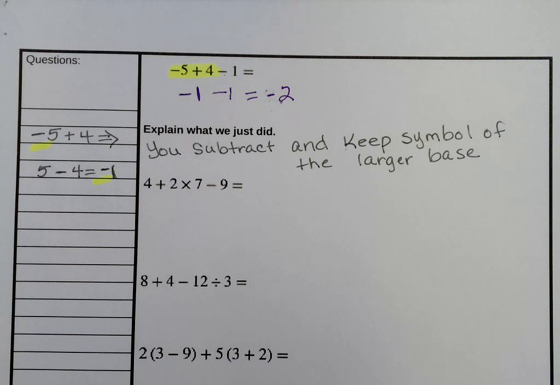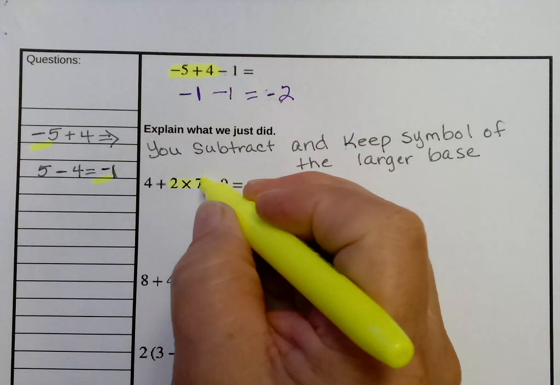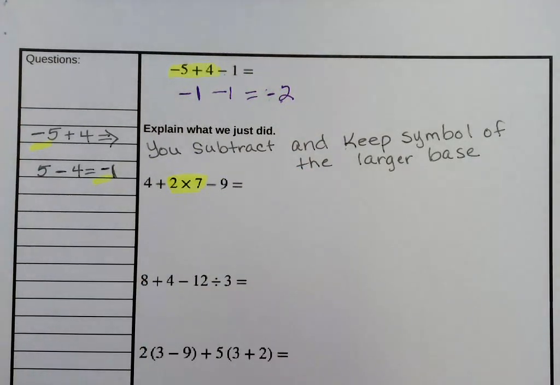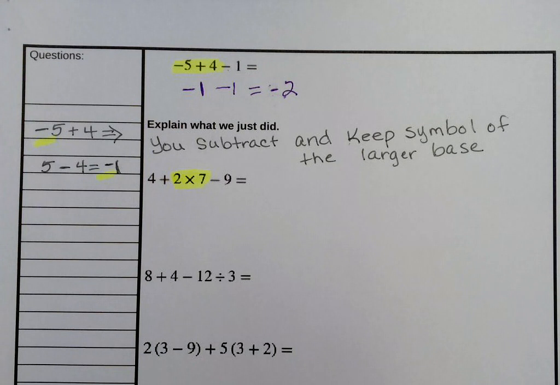Next, we're looking again. We've got 4 plus 2 times 7 minus 9. Well, 2 times 7 will come first because multiplication comes before addition or subtraction. Please excuse my dear Aunt Sally. MD comes before AS.